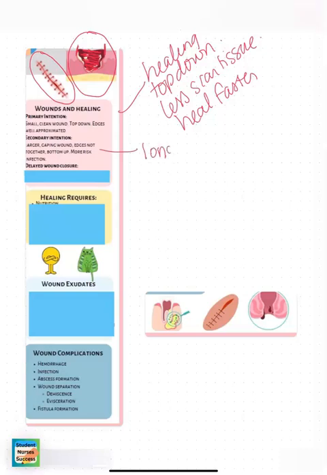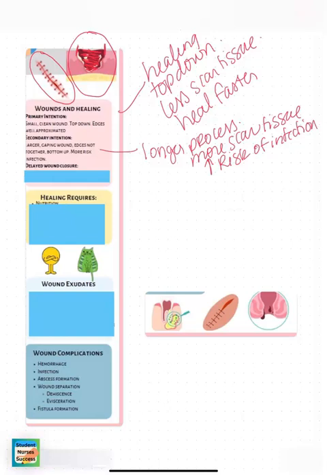So it's a longer process. There's going to be more scar tissue and an increased risk of it getting infected. Obviously, we would love to bring those edges together and heal them by primary intention, or sometimes they come together on their own. There's just a small wound, but sometimes that's not the case.